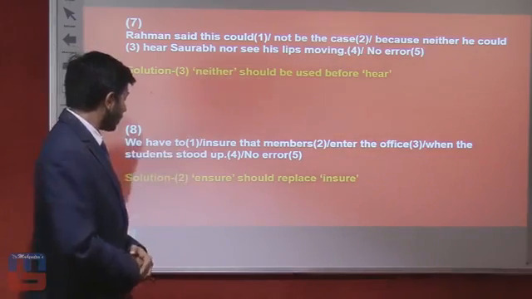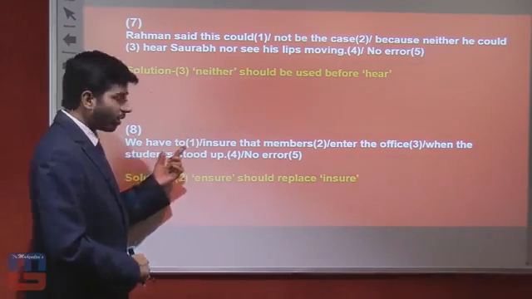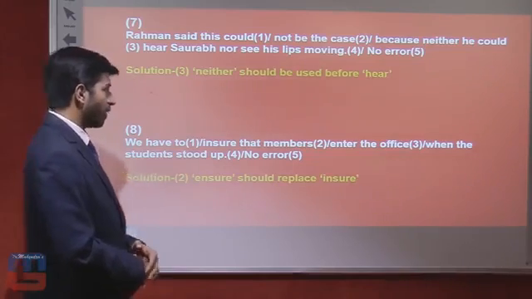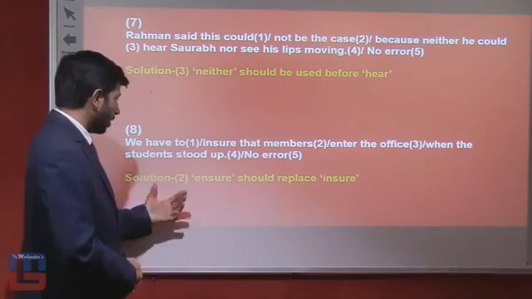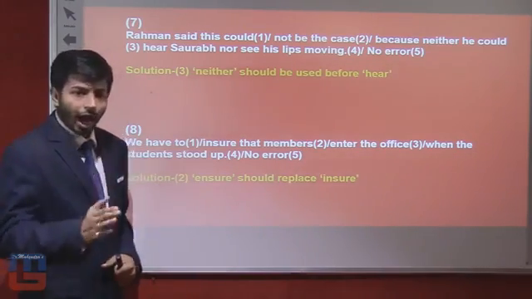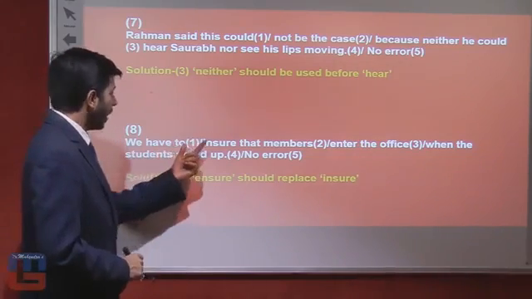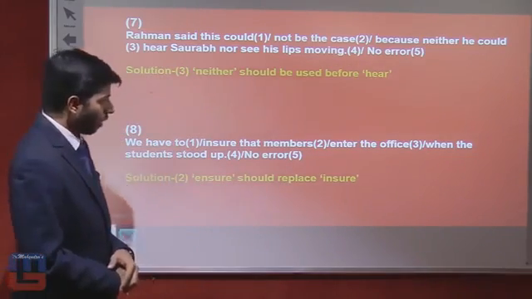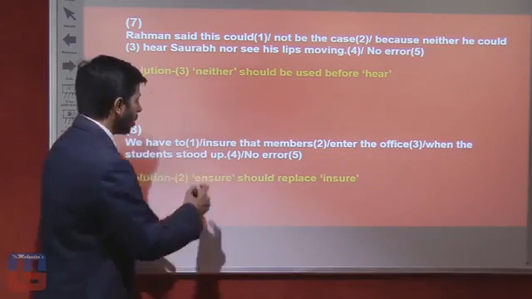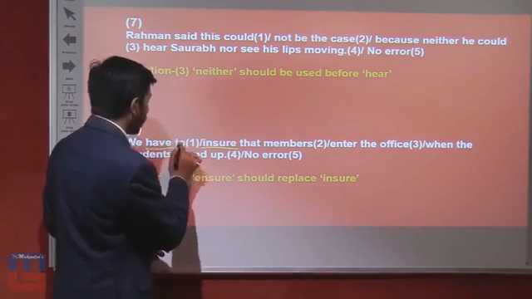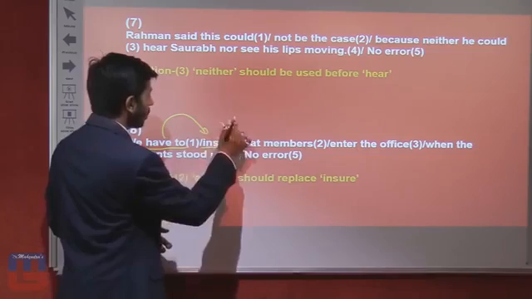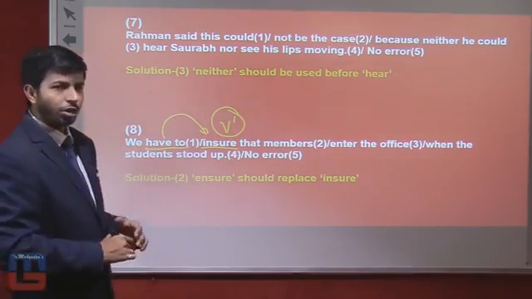Next, the statement says we have to ensure that members enter the office when the students stood up. No error. The statement, we have to, there is no error. Ensure that members enter the office when the students stood up. Ensure is used. Have to works with ensure, which is the first form of the verb, so there is no error.